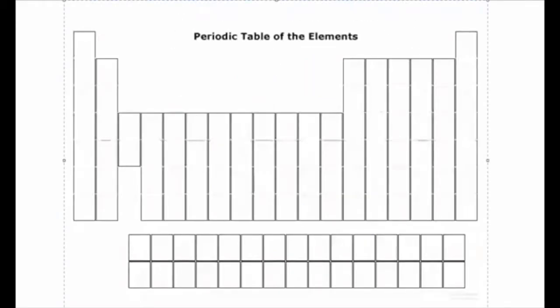We call this organization of the electrons around an atom the electron configuration. That's going to tell us how the electrons are actually organized around the atom. And so we need to use the periodic table in order to write the electron configuration. So I'm going to get this started.